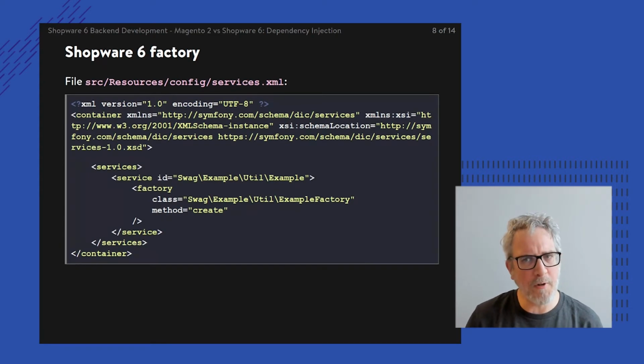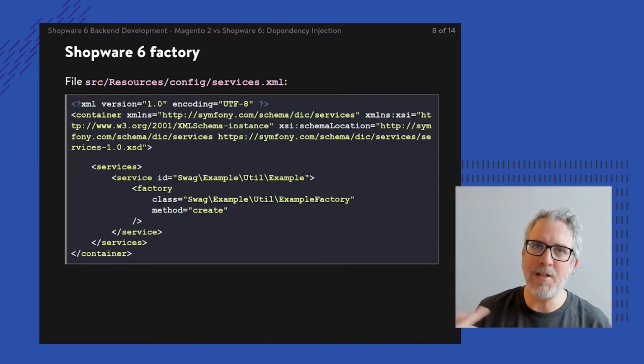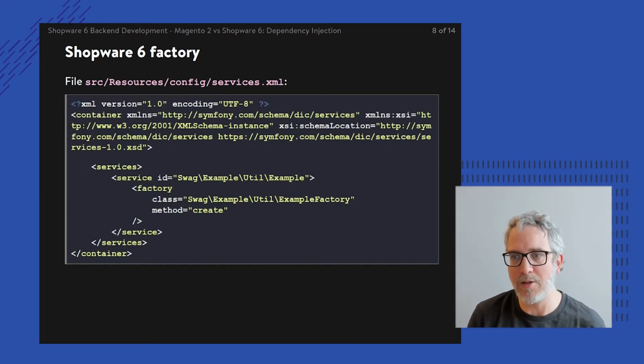It boils down to the same file that we've just seen with that service alias. There's this service definition, and now within the XML tag of that service definition, I can simply add a factory. This doesn't mean that in my own code I would inject the factory. No, instead you're injecting the service that you want, in this case an example util.